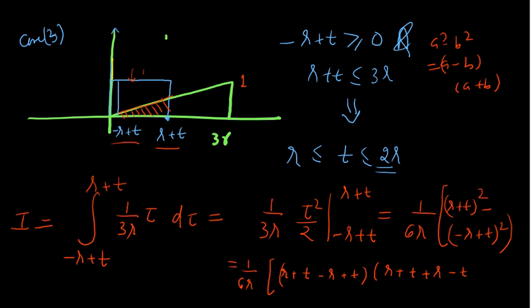So you will see 1 upon 6r, 2t multiplied with 2r, the r will go away, and you will get 1 upon 3, 2 by 3 into t.